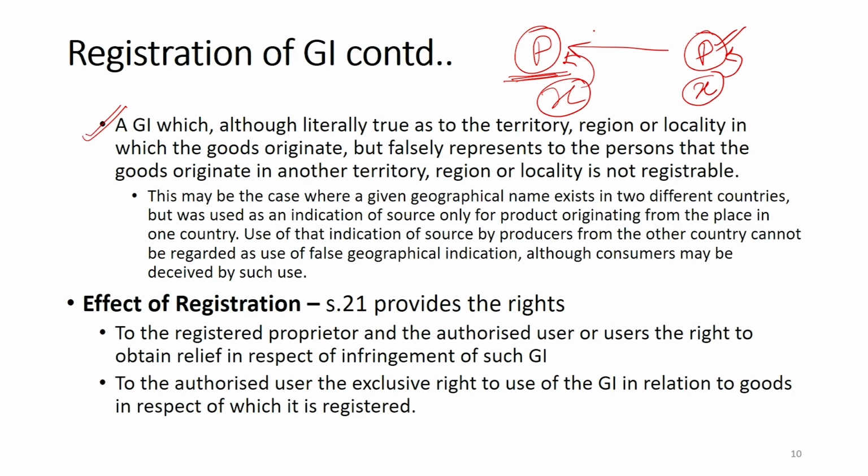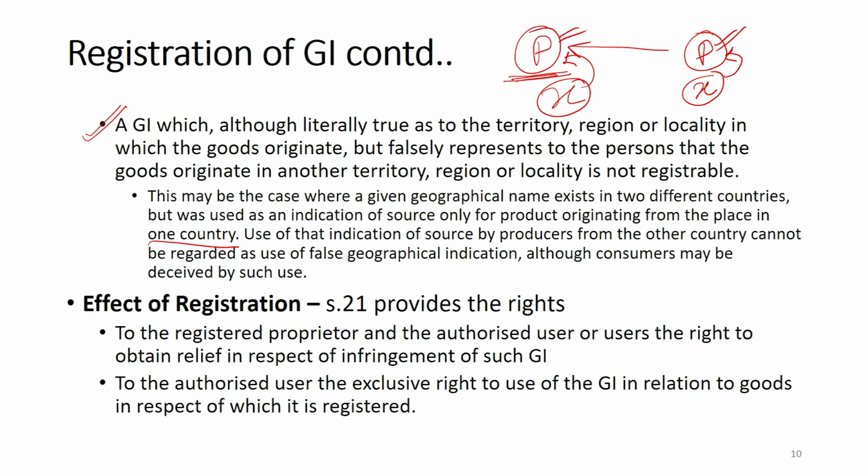So, I hope you understand that such a situation will arise where a given geographical name exists in two different countries, but was used as an indication of source only for product originating from the place in one country. Only this is GI.